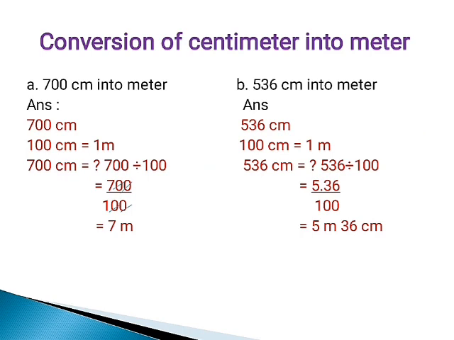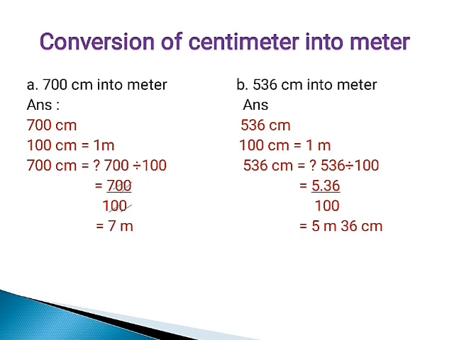That is 700 by 100. So, see dears, in 100 you have 2 zeros. In 700 you have 2 zeros. So, cut the zeros. From 100 down 1 zero, up 1 zero. Again down 1 zero, up 1 zero. So, balance remaining is what number? 7. So, the answer is 7 meter.